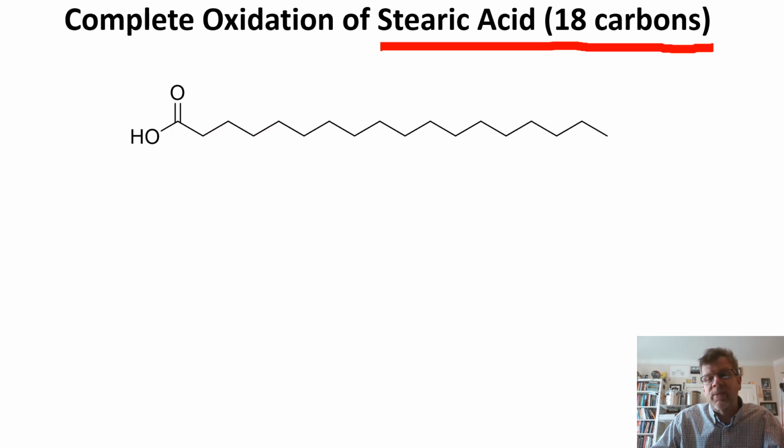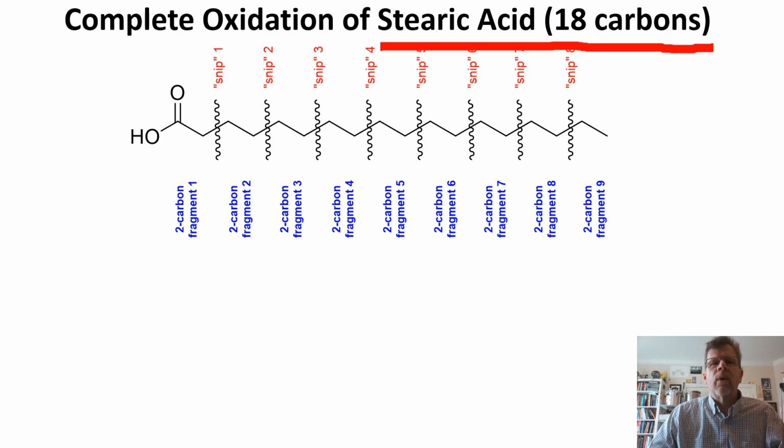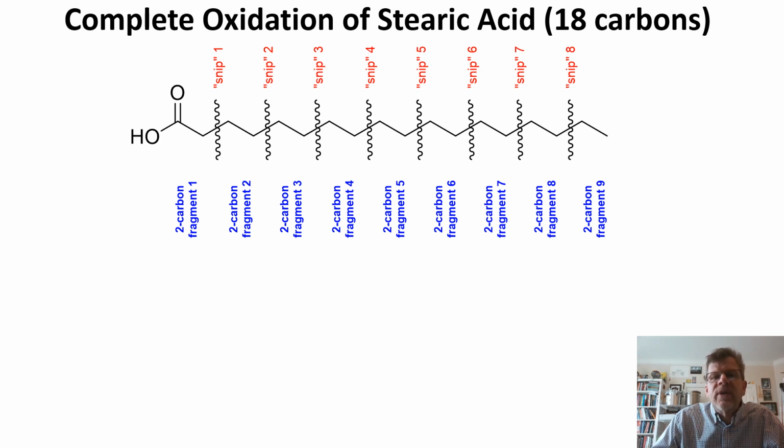Now again, the term snip is not a scientific term, but let's look at what happens if we more artistically cleave this 18-carbon stearic acid into 2-carbon fragments. If we look up on the top part here, we get a total of 8 snips giving 9 2-carbon fragments.